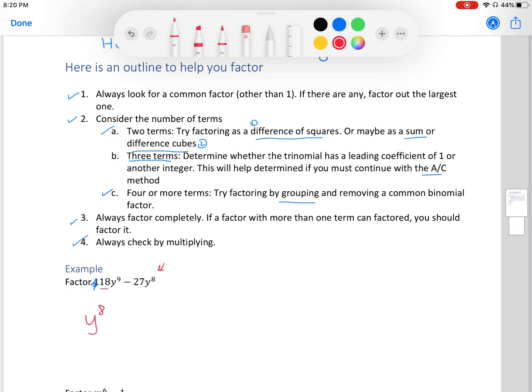Is there a common number that divides both 27 and 18? Yeah, 9. So they can both be divided by 9. If we divide both of those terms by 9y to the 8th power, we're left with 2y minus 3. And we have factored this problem.